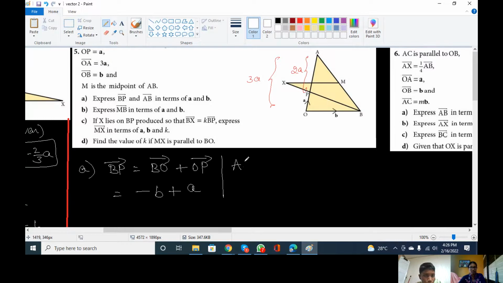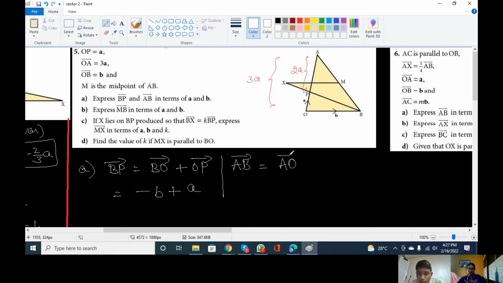AB vector. How can we write this AB? AO is minus 3A.